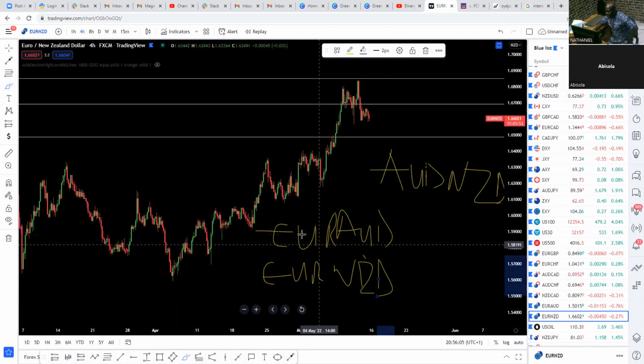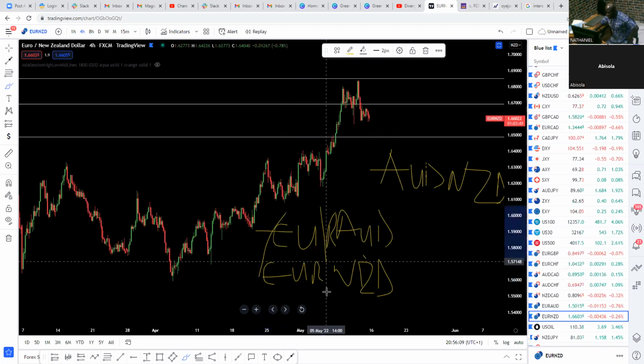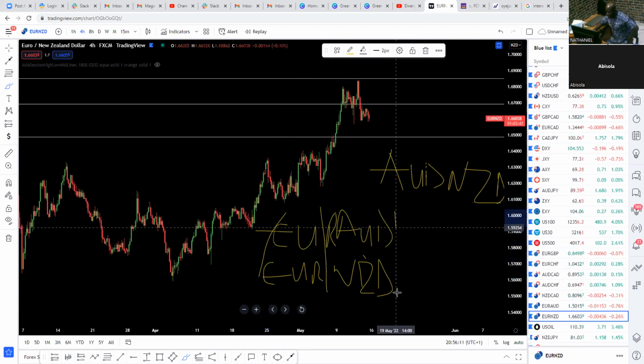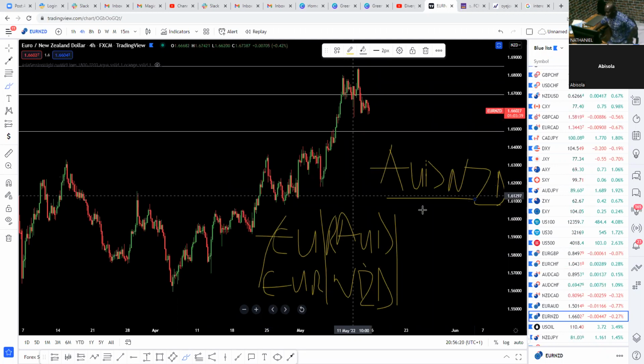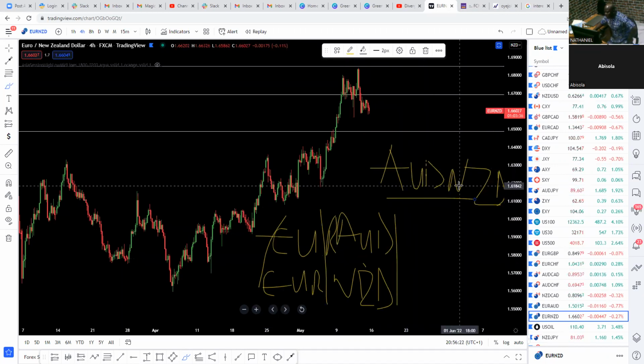So you can see that the two, you have Euro here, you have AUD NZD here. This AUD NZD here is the same thing as a pair here. So now what we do is we look at the direction of AUD NZD.